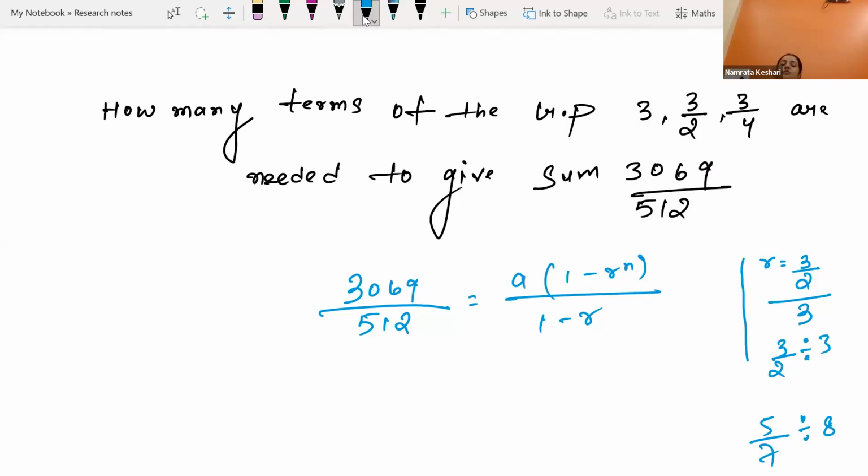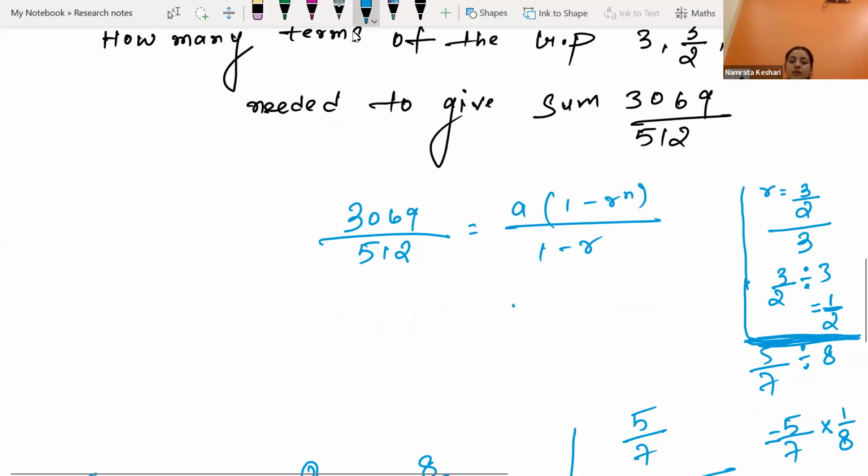If we convert this division sign into multiplication, the next fraction becomes the reciprocal. Reciprocal of 3 will be 1 by 3. The 3s cancel, and we just get 1 by 2. Are you getting it? Yes ma'am. So our r is 1 by 2 and our a is just 3.